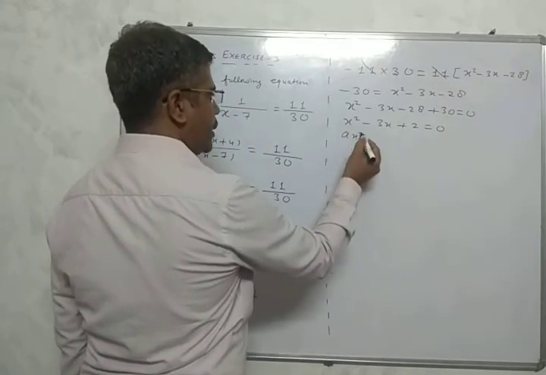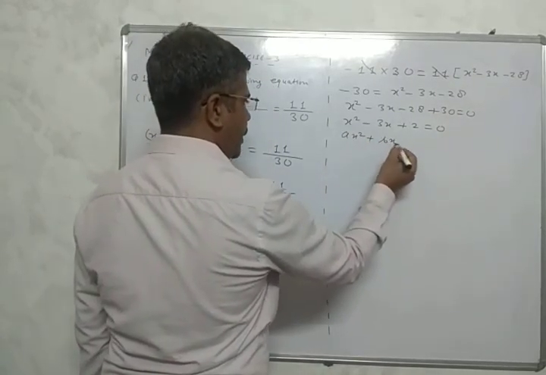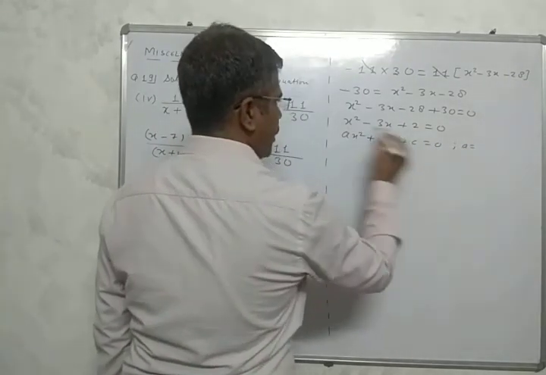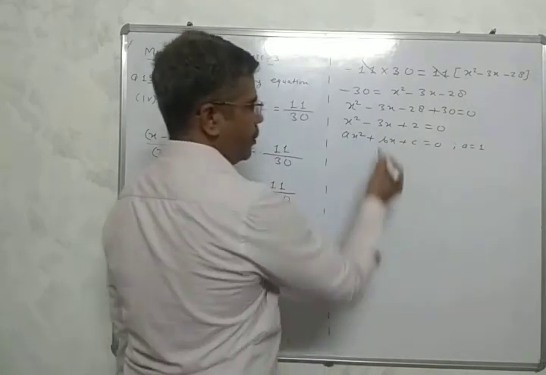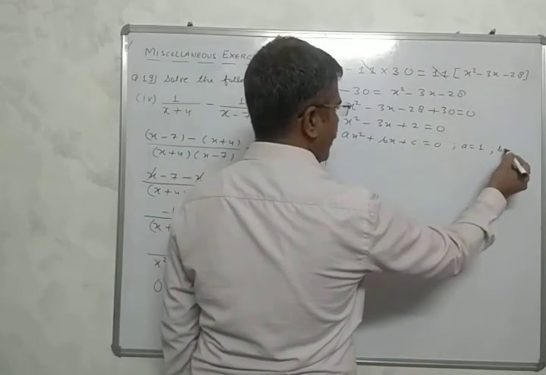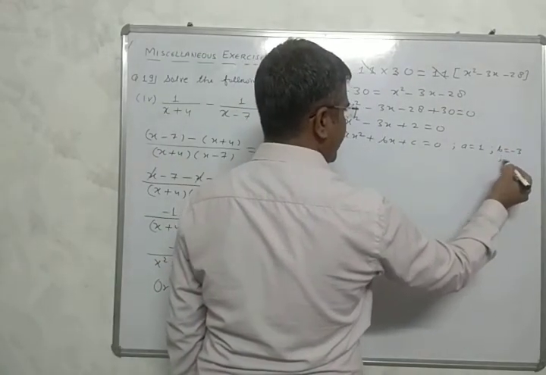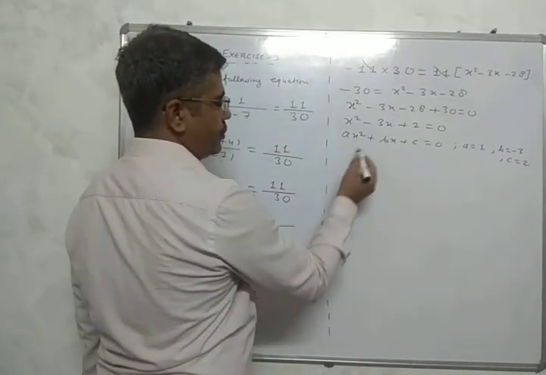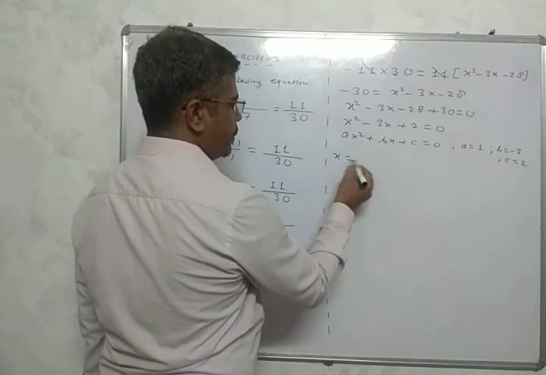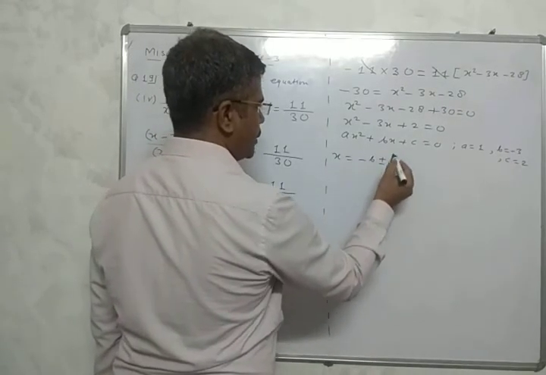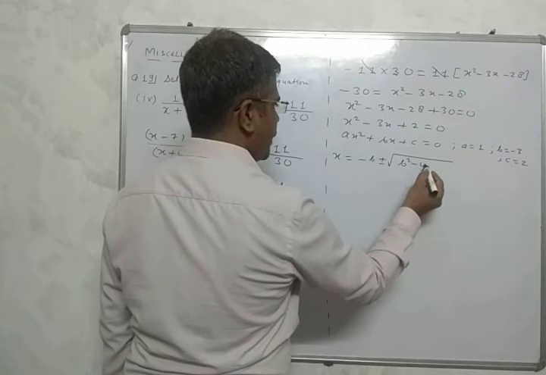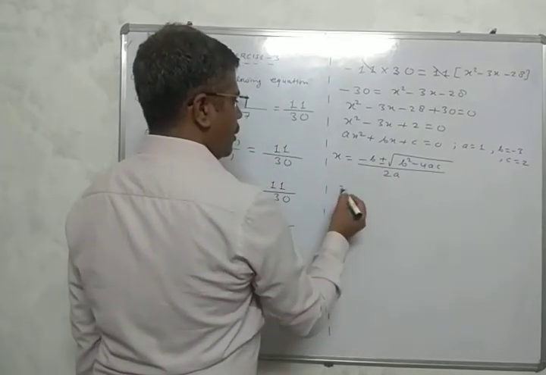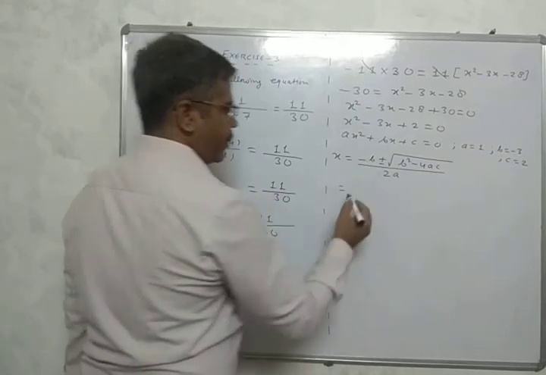We compare with the standard quadratic equation. We have a equals to 1 and b equals to minus 3 and c equals to 2. We use the quadratic formula: x equals to minus b plus minus under root b square minus 4ac upon 2a. We put the values of a, b, c in the given formula.